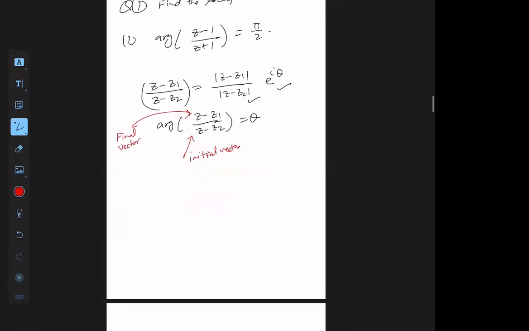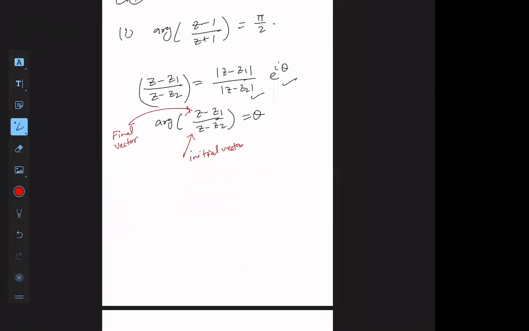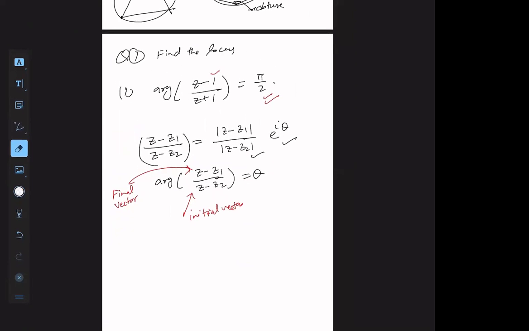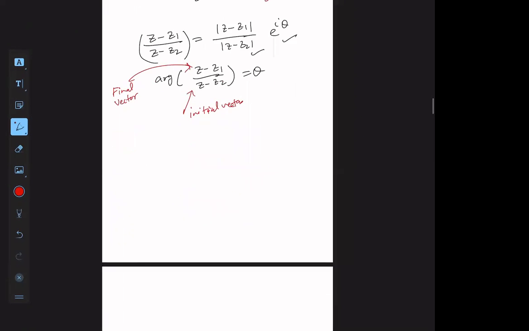Now see, if this is pi by 2, it means these z1 and z2 will form the end points of the diameter. So end points of diameter are 1 and minus 1. So this one is 1, this one is minus 1. So this is the equation of circle, and the second possibility is this.